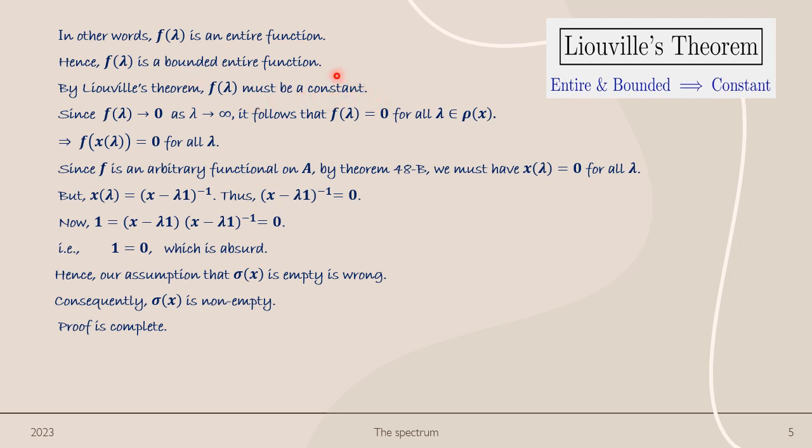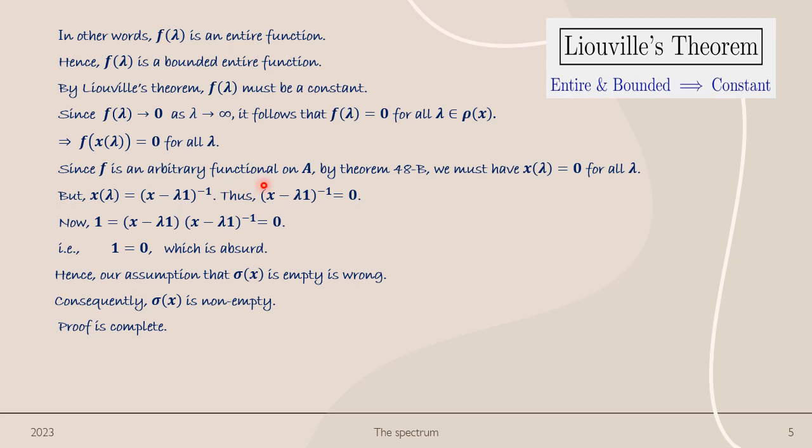But we have shown in the previous slide that f of lambda tends to 0 as lambda tends to infinity. Hence, if it is also constant, it should be identically 0. f of lambda must be identically 0 for all lambda belonging to rho of x. But by definition f of lambda is nothing but f of x of lambda. So that implies f of x of lambda is identically 0 for all lambda belonging to rho of x.